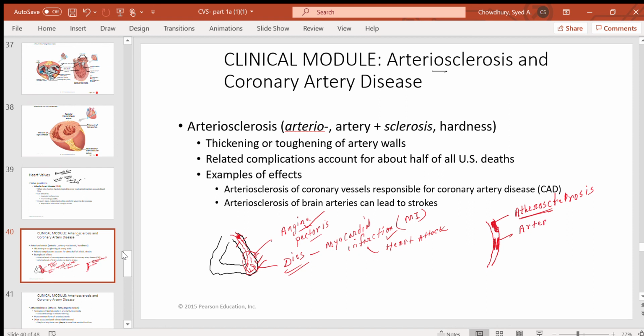A little bit different. It usually happens in old age, or in people who smoke a lot, which can change the smooth elasticity of the wall, so the wall will be more stiff and narrow. So two slightly different names and different conditions, but both will do what? Reduce the blood flow, decrease the blood flow.